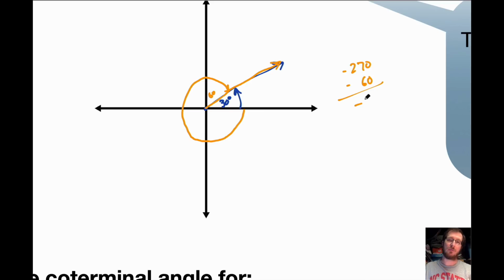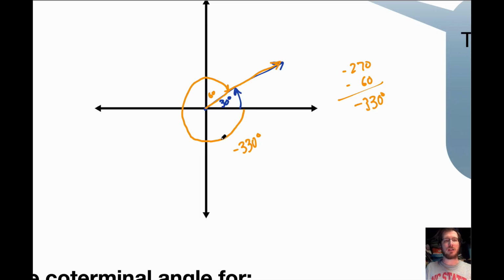So that would be negative 330. So that negative 330 degree angle has the same terminal side as 30 degrees. So those two angles are coterminal. They have the same terminal side.